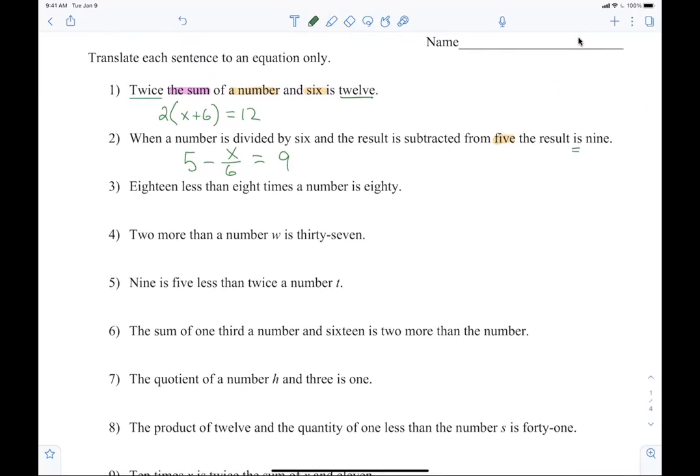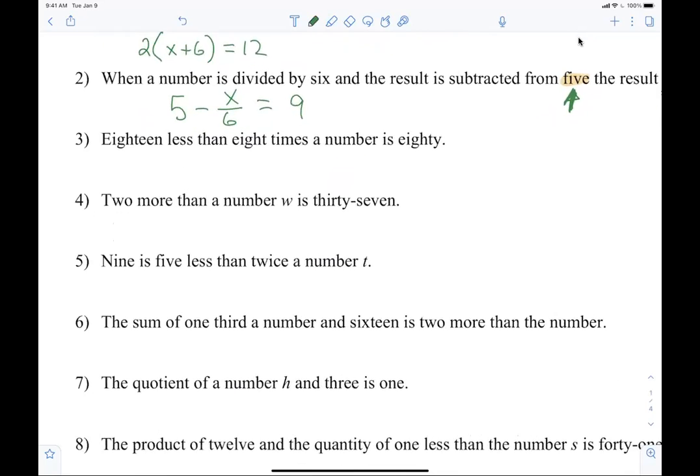Are you subtracting 5 or are you subtracting X over 6? You see what I'm saying? You're subtracting from 5. That means you're starting with 5. And you're subtracting a number divided by 6 from 5. You hear me now? All right, Joshua, let's go.